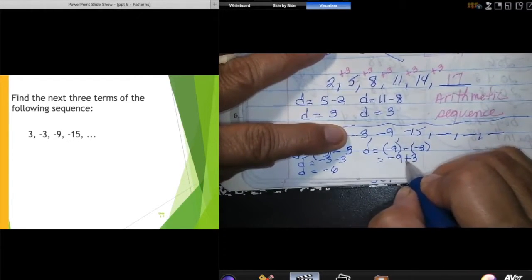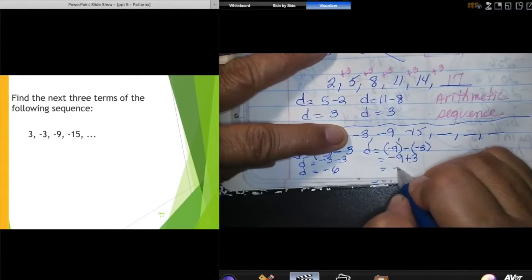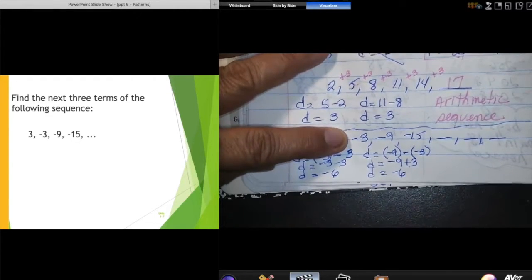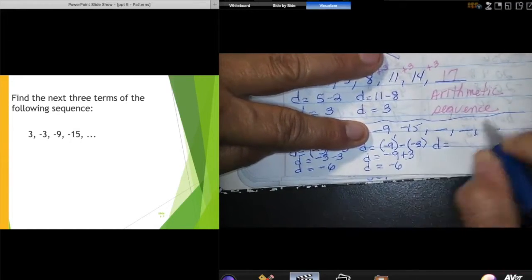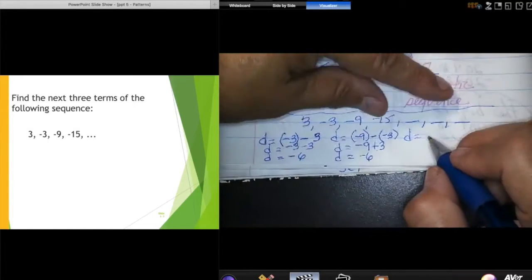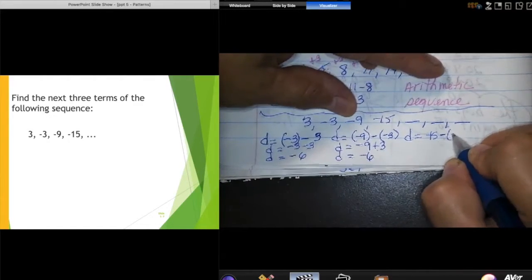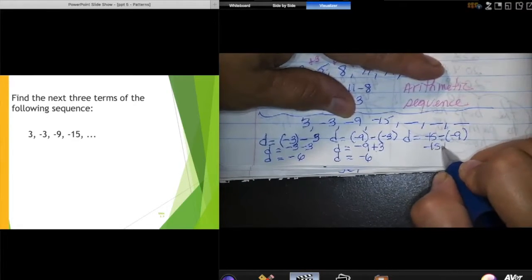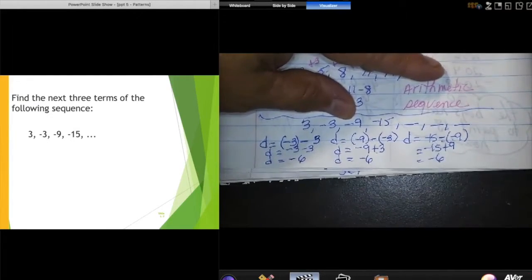The 2 numbers are different, so I subtract and I get -6. Try that one more time. I have -15 minus -9. Two negatives make a positive, and so I end up with -6.